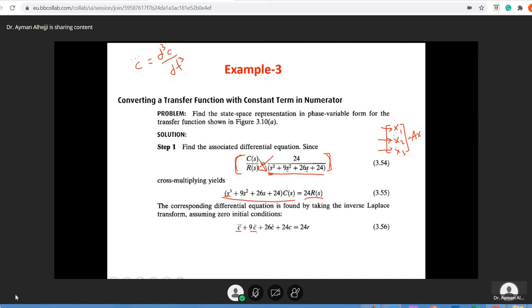Here I have 26S, it becomes 26 C dot. Every S is represented as a derivative. Here I have 24, only a constant 24 times C, because here we have C of S as the variable C. Here 24 R of S becomes 24 R.